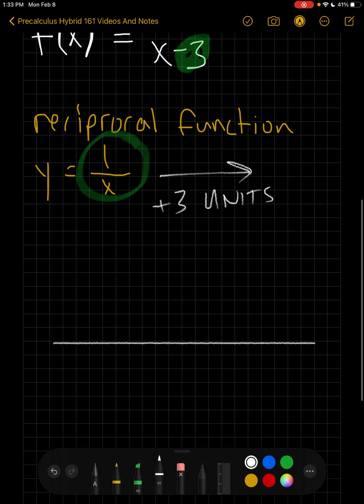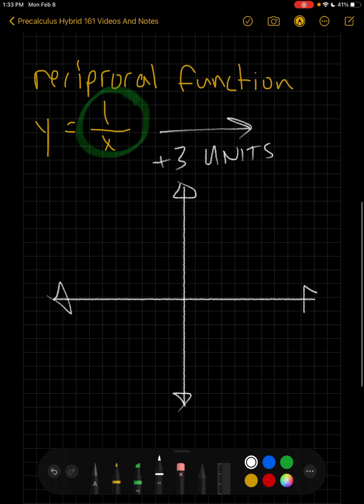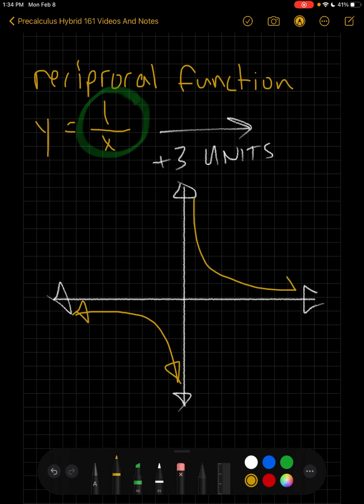So let's get a beautiful little x and y axis set up here, and I'll show you what a vertical asymptote is and what it means. So we're going to shift our whole graph over. We know that the reciprocal function, I'll do it here in yellow, then I'll erase it, is what the reciprocal function looks like. This is one of our toolkit functions. It looks a little bit like that.